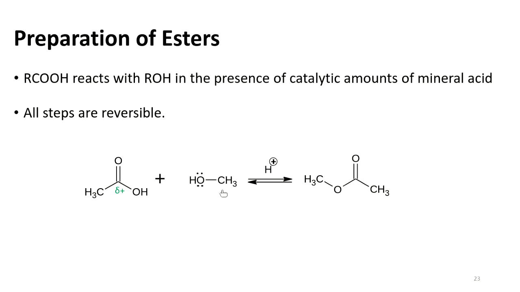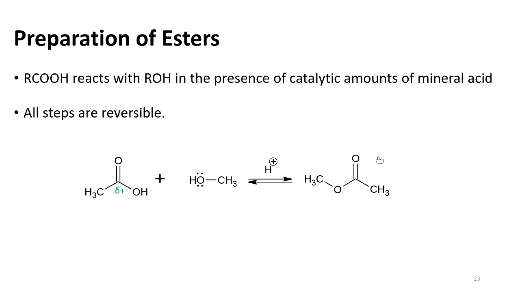In this reaction, which one is going to be our electrophile, which one is going to be our nucleophile? Anybody? The carboxylic acid will be the electrophile and the alcohol will be the nucleophile. All right, so our carboxylic acid is going to be our electrophile and the methanol, and we see it in our product.